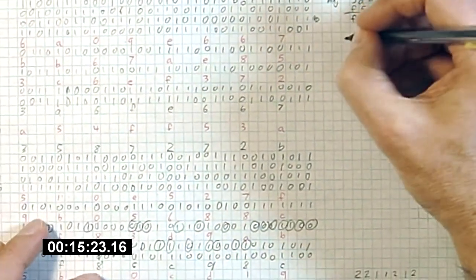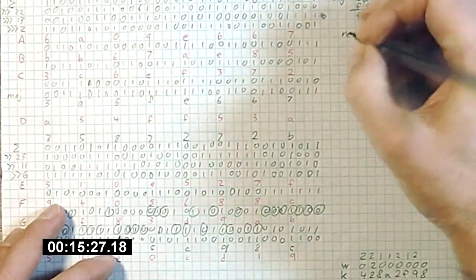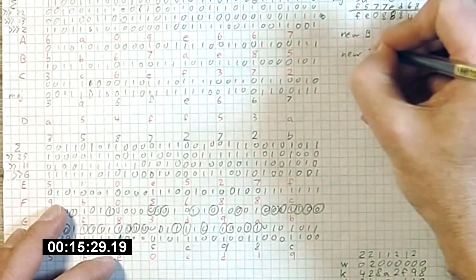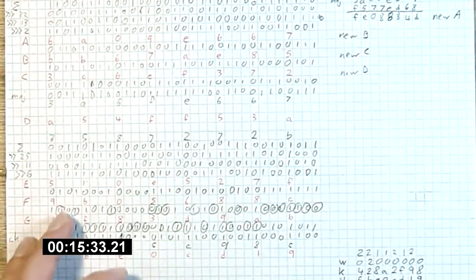Now the new B is simply the old A value. Easy. New C is simply the B value. New D is our old C value.